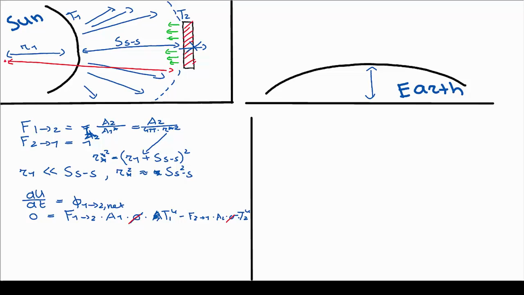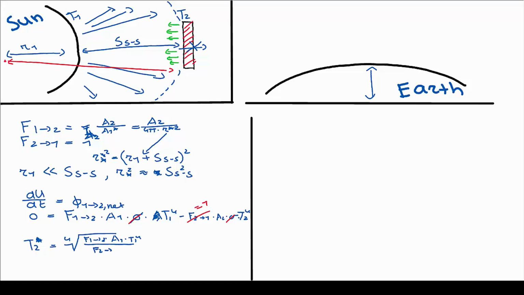Also f 2 to 1 was 1, so that one's also going out, or it's equal to 1, but it's the same for now. And then you can rewrite this with some mathematics to the fourth root of the product you see on the screen.